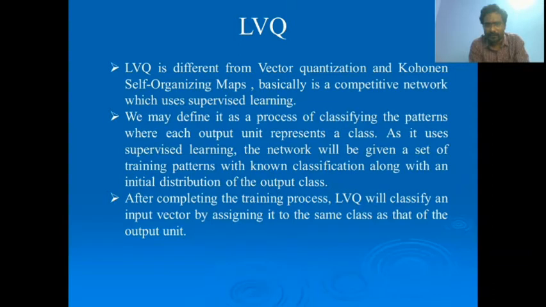The network is given a set of training patterns with known classification, along with the initial distribution of the output class. Once it completes the training process, the LVQ will classify an input vector by assigning it to the same class as that of the output unit.